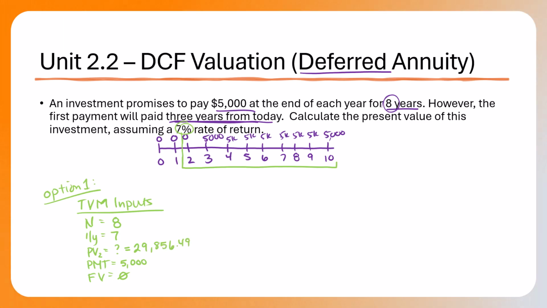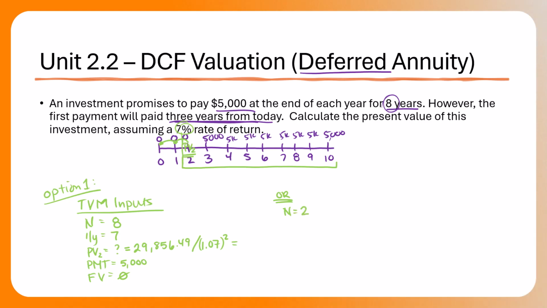We have 2 options. We can use the math to bring it back an additional 2 periods. We essentially have brought all the cash flows to this point. Now we want to shift it 2 additional periods. We're going to take that answer and divide it by 1.07 raised to the 2. We will get an answer. Alternatively, you could just set this up in your time value of money.